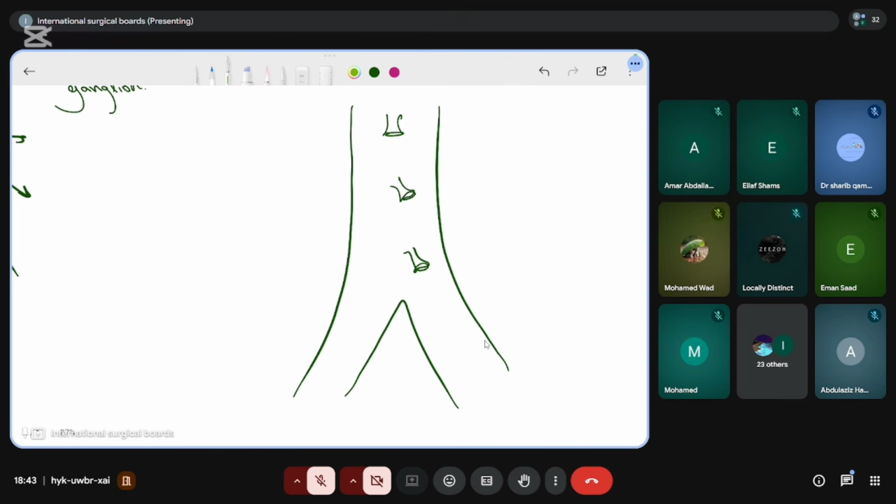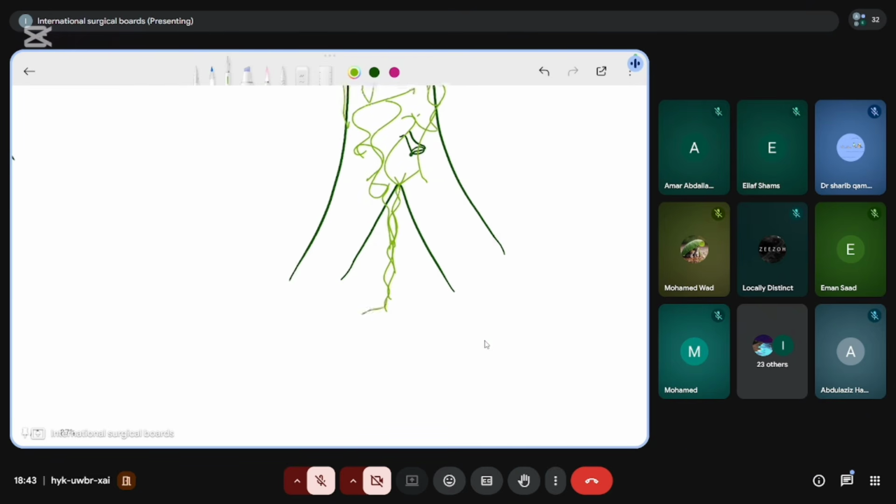You must know that there's a plexus of autonomic nerves that surrounds the aorta, anterolateral to the aorta, right? This plexus of nerves begins at the level of the celiac artery and moves down until below the aortic bifurcation, and then it splits into two nerve bundles.